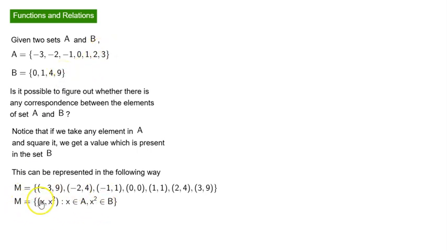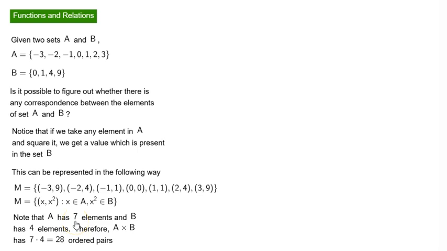Or in the set builder notation, we can write it as M is equal to the set of ordered pairs (x, x squared), where x is in A and x squared is in B. Note that A has 7 elements and B has 4 elements.